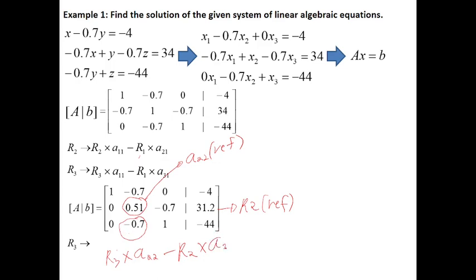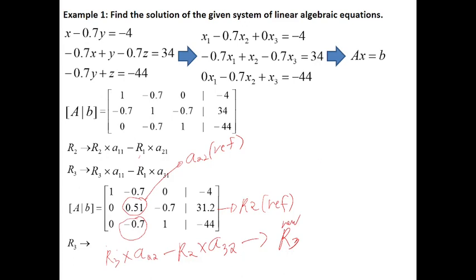Okay. O yan, meron ka ng equation, meron ka ng expression. Tapos magkakaroon ka ng mga bagong values ng R3. So, original, then new. Yan na yung expression natin.